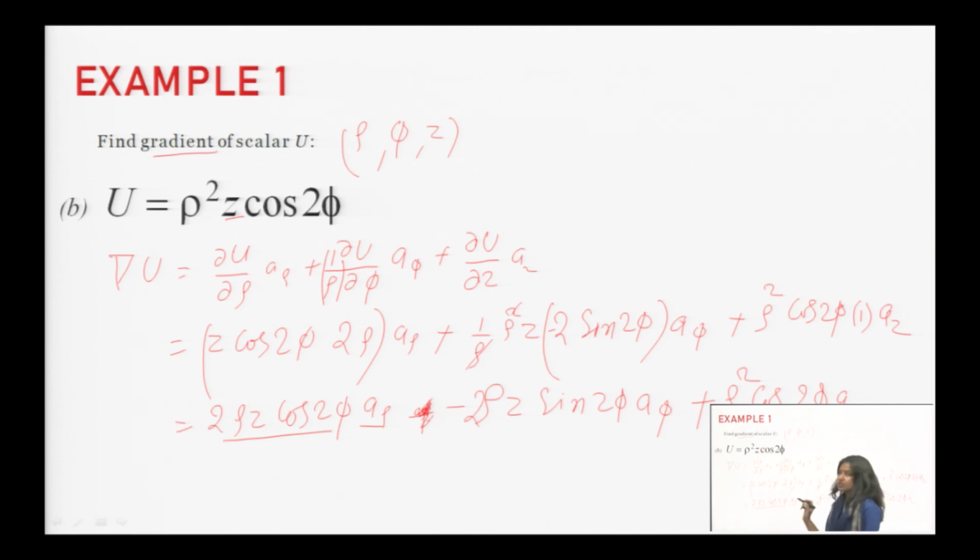So this is the answer of this question, where this is the magnitude and this is the direction. Here also this is the magnitude and this is the direction.